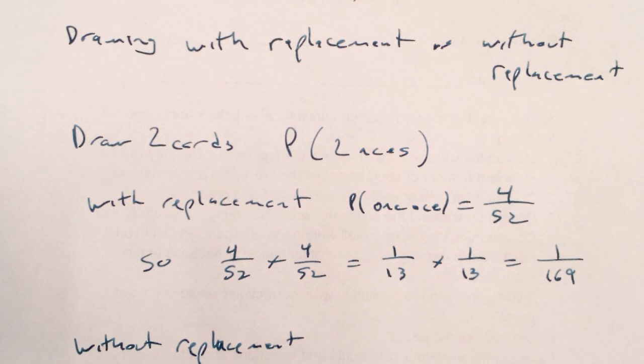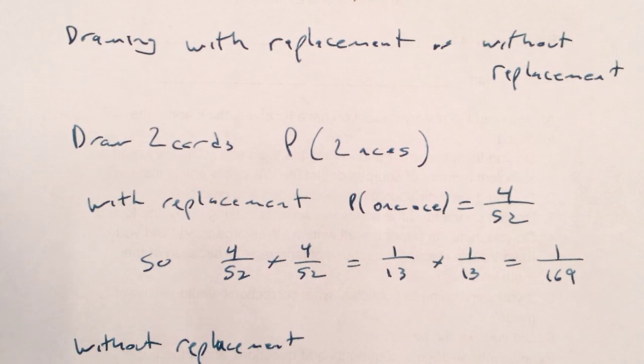Before I actually do any math, do you expect this to be a higher chance or a lower chance? I heard a bunch of mumbling. Lower. I got one higher, I got some lowers. Wait a minute, we should figure this out.